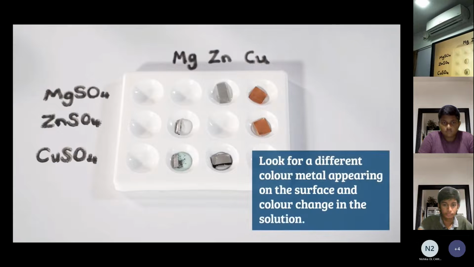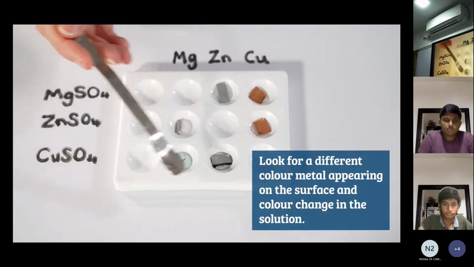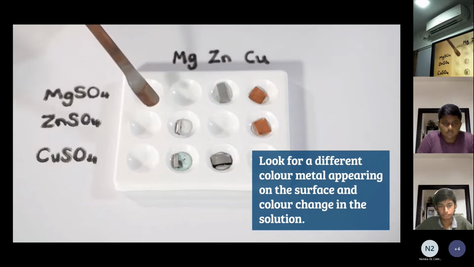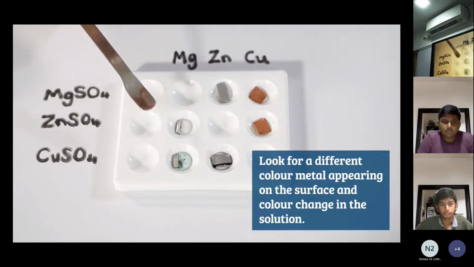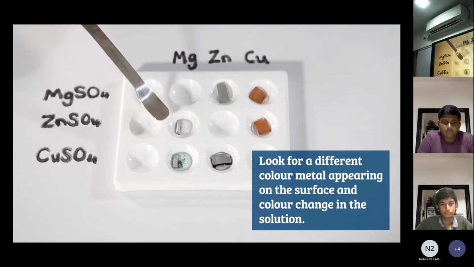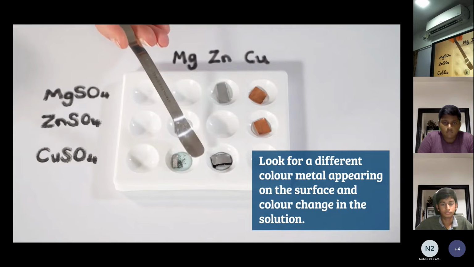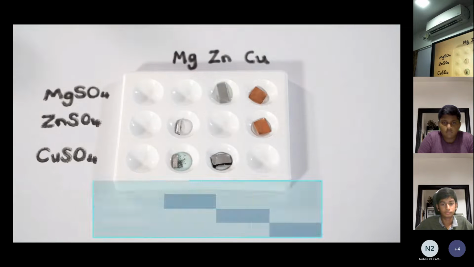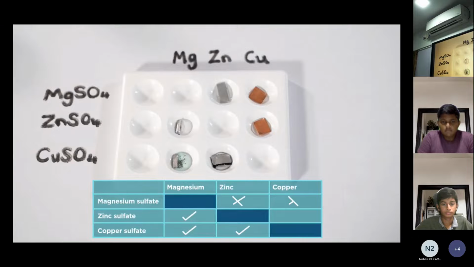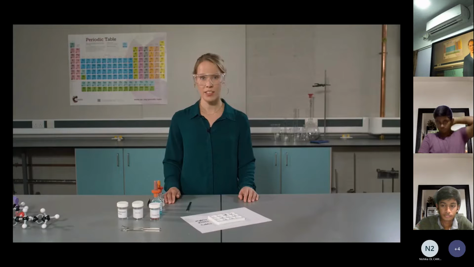You can see that we've only had a reaction in 3 of the experiments. You can see bubbles forming and a darker metal. Magnesium has reacted with zinc sulfate and copper sulfate, and zinc has reacted with copper sulfate. We can fill in our results chart with a tick or a cross to indicate if there's been a reaction. Where a reaction has occurred, the metal is more reactive than the metal in the compound.